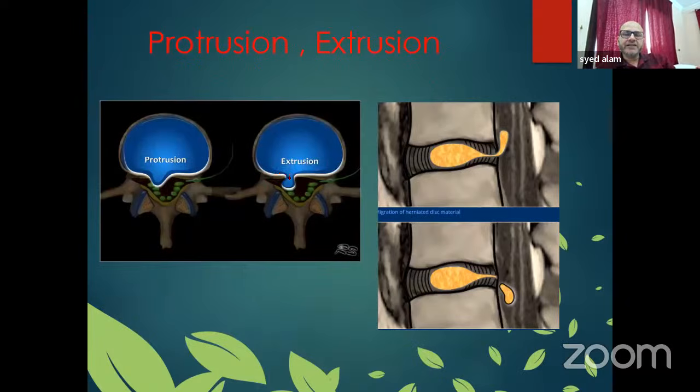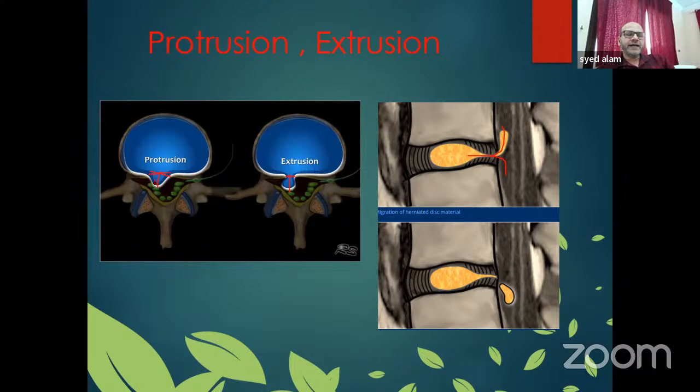When the height is more and the base is small, that is a disc extrusion. Extrusion can go up or down. When it is separated, we call it sequestration. When the base is more and the height is less, we call it protrusion. So we should speak according to that.